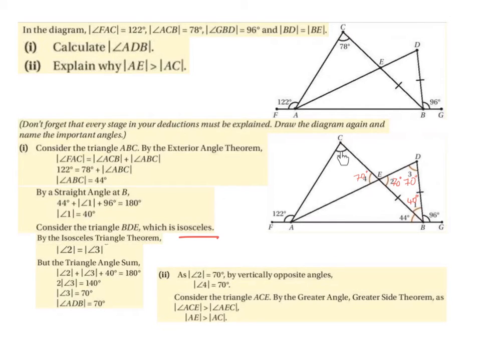Since this angle is bigger than this angle, the side AE must be greater than the side AC, because the larger sides are always opposite the larger angles. So since this angle is 78 degrees and this angle is 70, this side must be greater than this side.